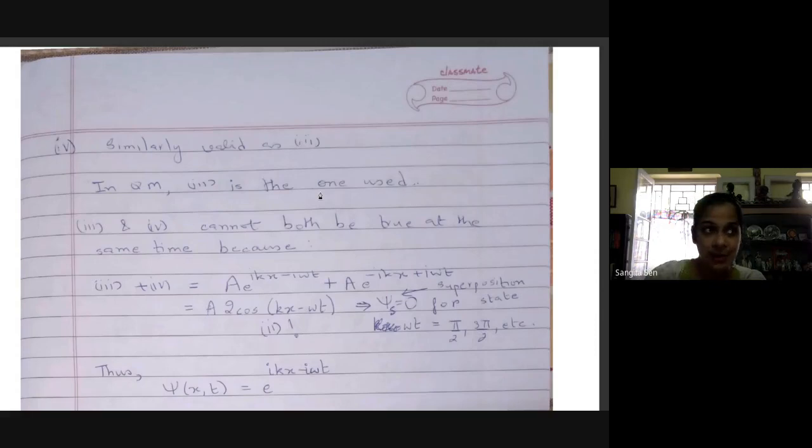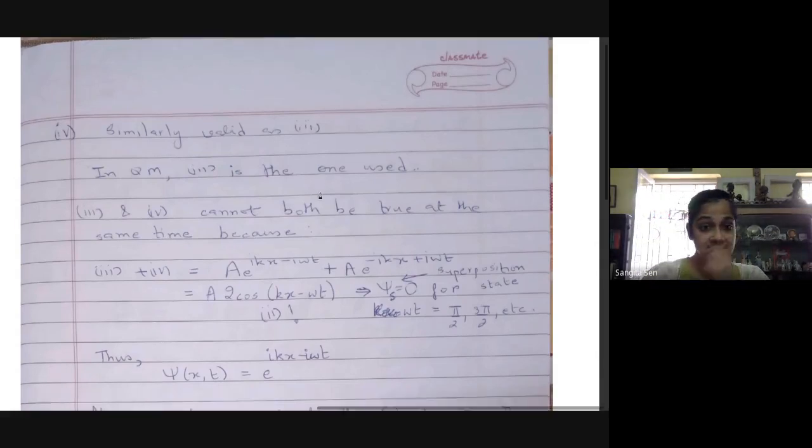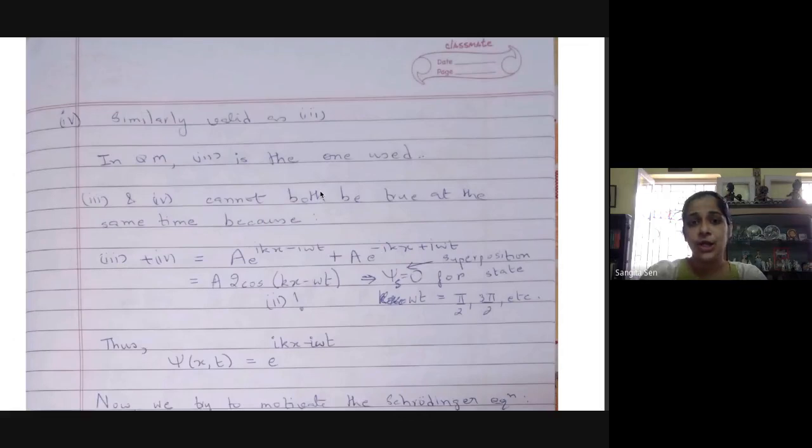Now if there are two possible waveforms, the question arises, are both true? Can we use both for the same particle? Or is it an either or situation and we have to choose one for a given particle? The answer is that for 3 and 4, you cannot choose both at the same time because there is a problem there.